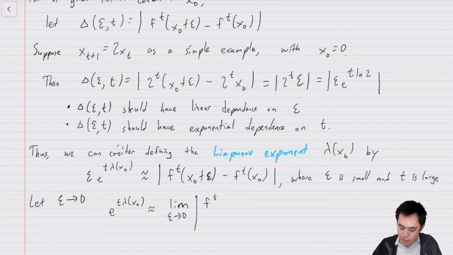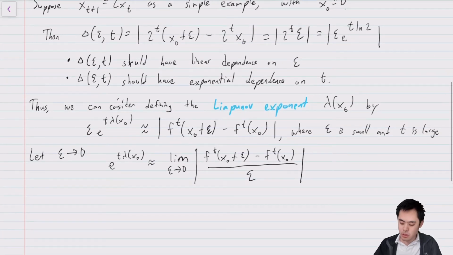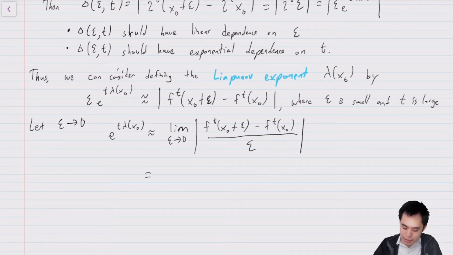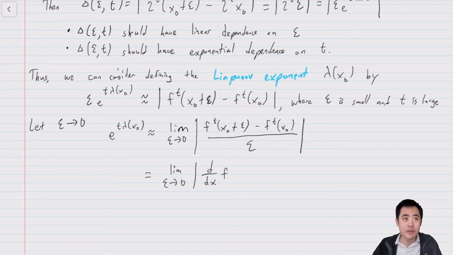So this is f to the t of x naught plus epsilon minus f to the t of x naught, divided by epsilon. But now this here is just equal to a derivative. You notice that this is precisely just the absolute value of d dx of f to the t of x naught.